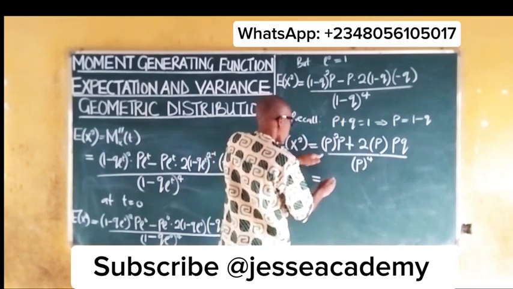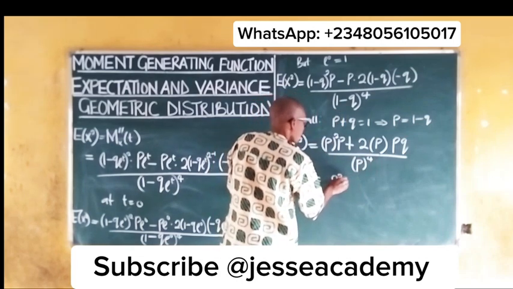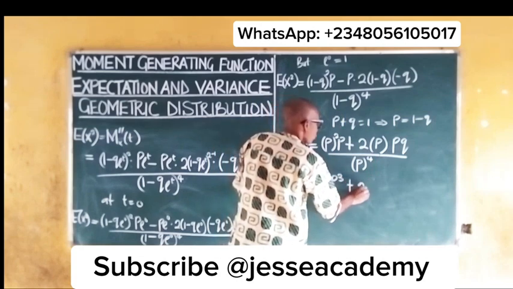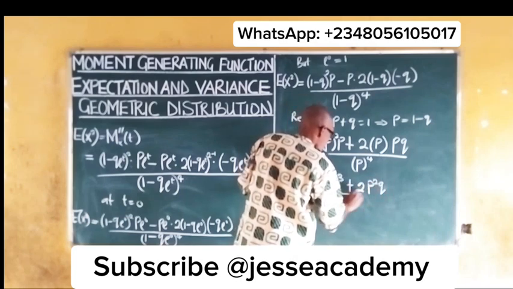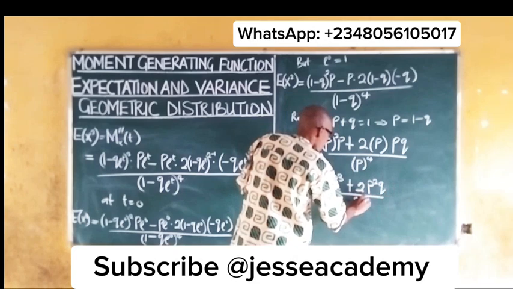So if we open this, we get P raised to the power of 3 plus 2P squared Q all over P raised to the power of 4.